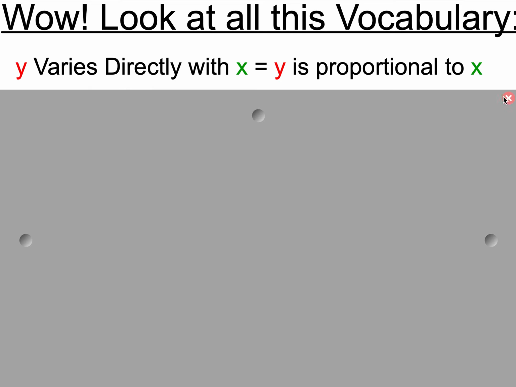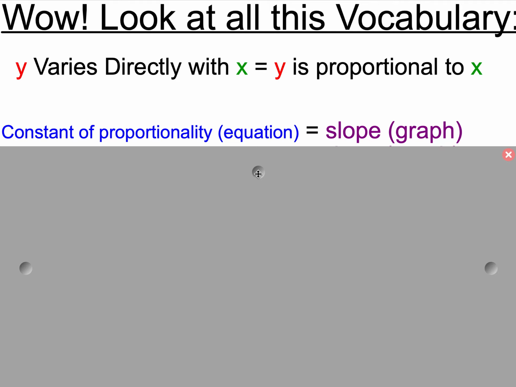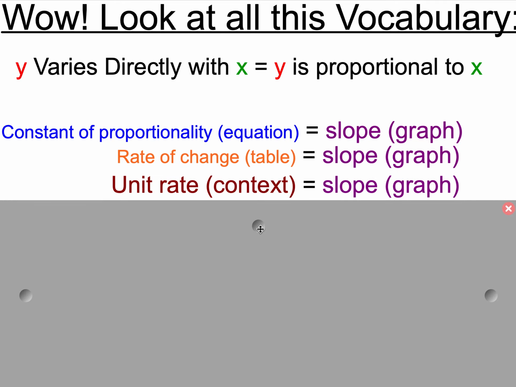And look at all of this stuff that is the same. If I say y varies directly as x, that's the same as me saying y is proportional to x. If I use the constant of proportionality from an equation, that is the same number as the slope from the graph of the same relationship. The rate of change calculated in a table is the same as the slope from a graph. The unit rate calculated from a context is the same as the slope from a graph.